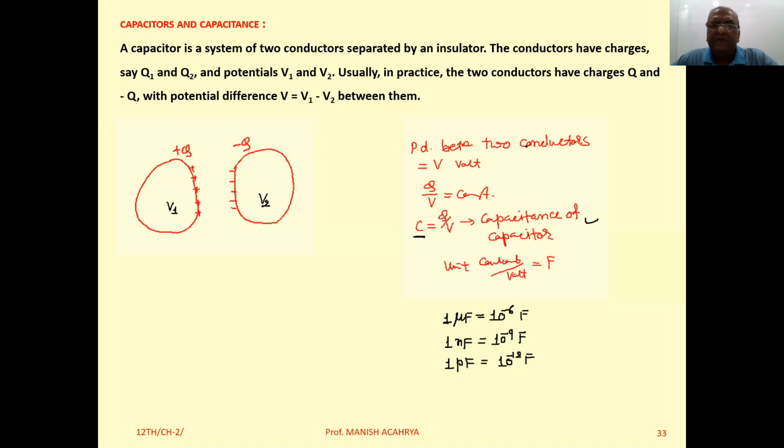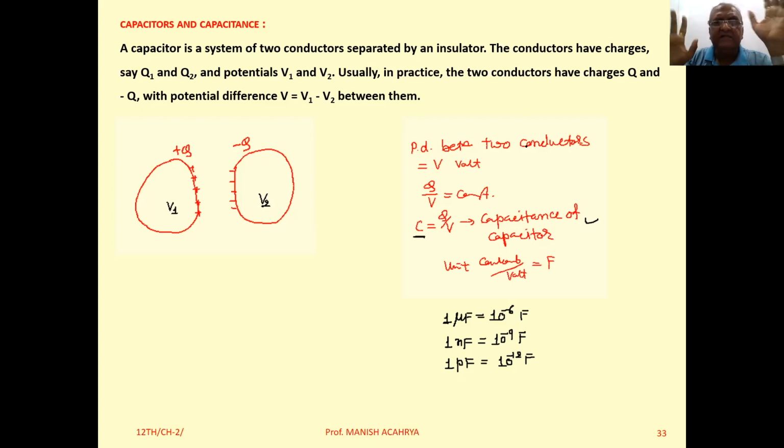Now, see here, the charge on the capacitor, we say that is Q, and the potential difference between two plates of the capacitor, means the potential difference between two conductors of the capacitor, we say V. But here, when we change the charge on the capacitor, suppose we increase the charge on the capacitor, correspondingly the potential difference also increases.